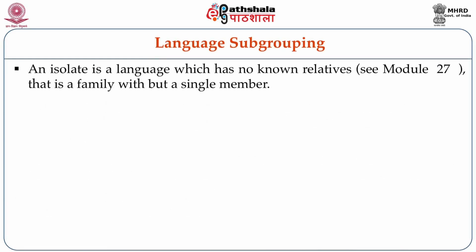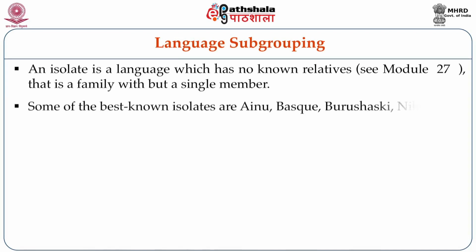An isolate is a language which has no known relatives. One can see module 27. That is a family with but a single member. Some of the best known isolates are Ainu, Basque, Burushaski, Nihali, etc.